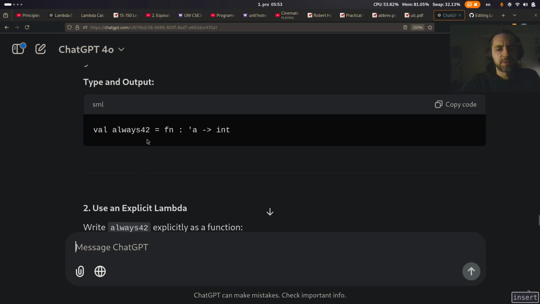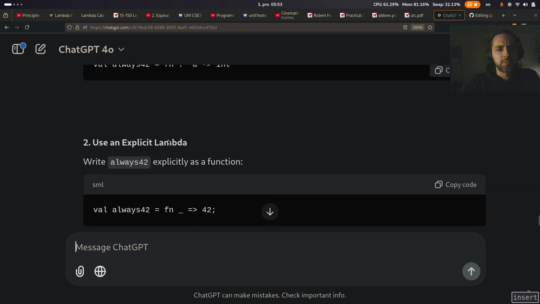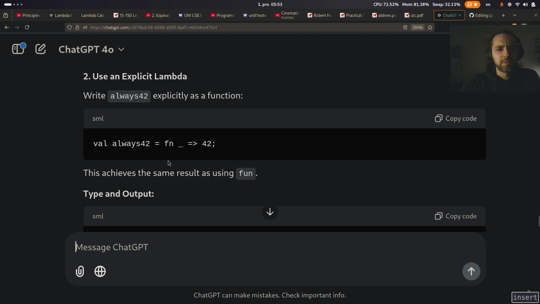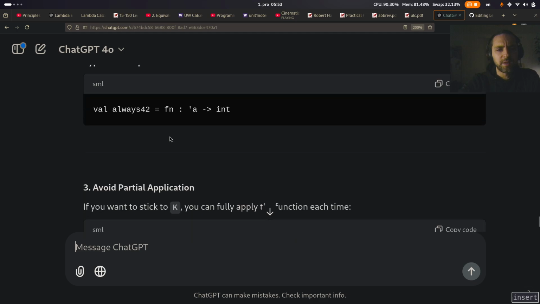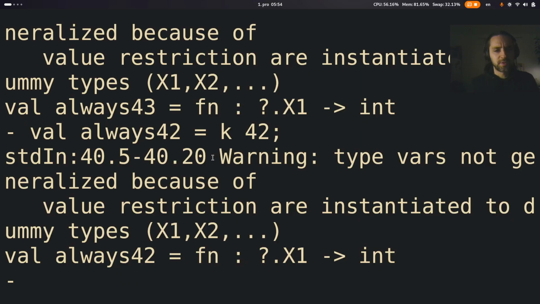Val always 42 = fn. But I want to use the k combinator. Yeah, this is kind of confusing. If I give it an ignored argument, then it would work. This does not work.